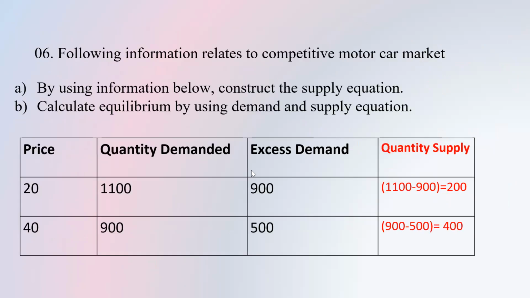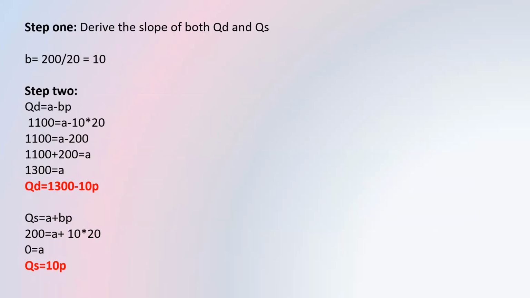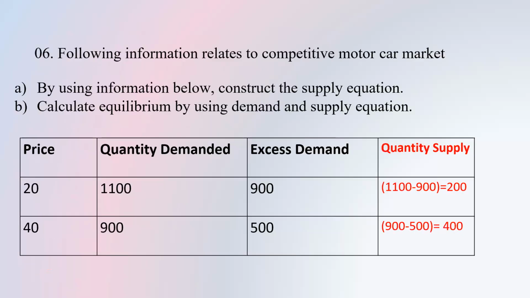And then here, by using the following information, we can consider how much is the quantity supplied. Here they already gave the quantity demanded and the excess demand. Then they are asking how much the quantity supplied is.